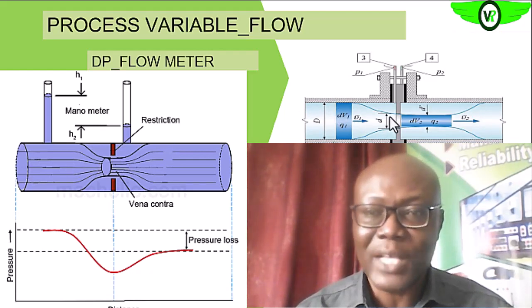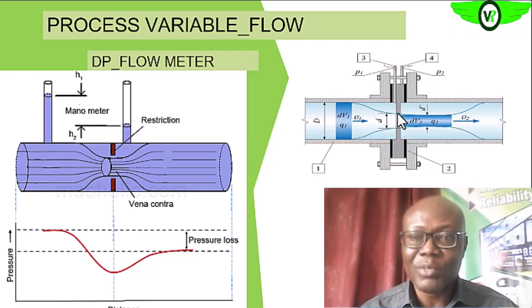That is what we are seeing here. It momentarily stops the fluid at this restriction, and once that fluid is stopped, the fluid velocity will come down. And when we apply Bernoulli's principle, the pressure will do what? The pressure is expected to go up.